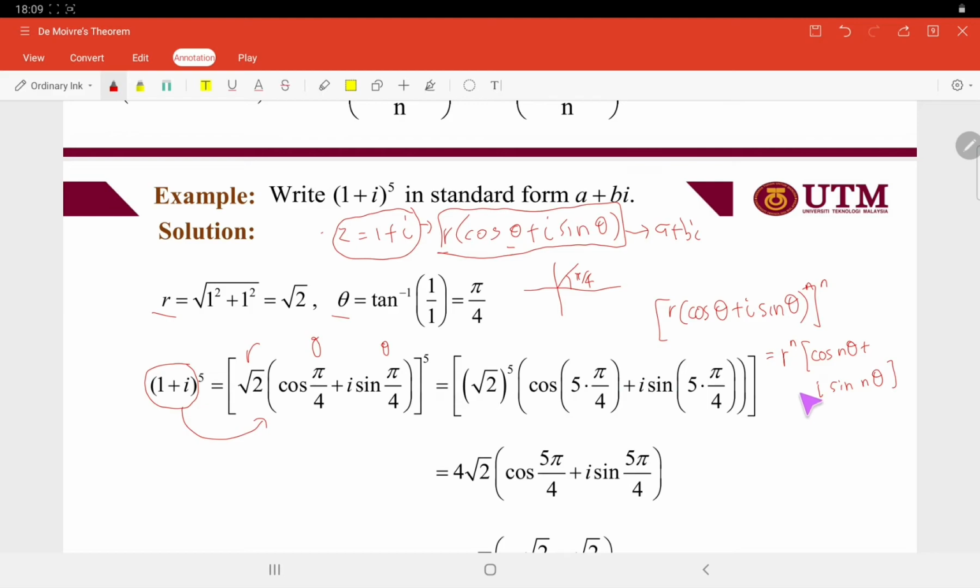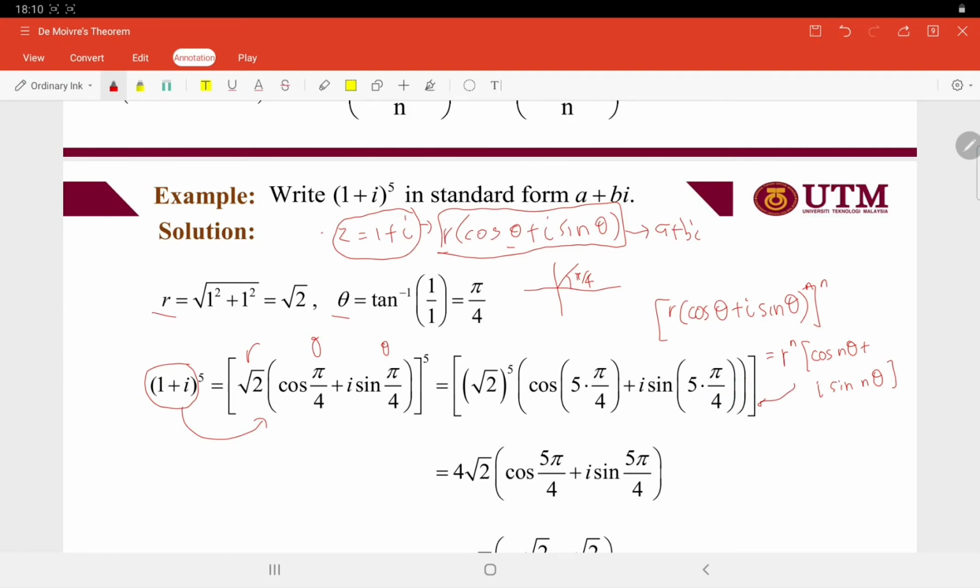So using this formula, we will get this in this form: square root of 2 raised to the power of 5 times cos of 5 times pi over 4 plus i sin of 5 times pi over 4.